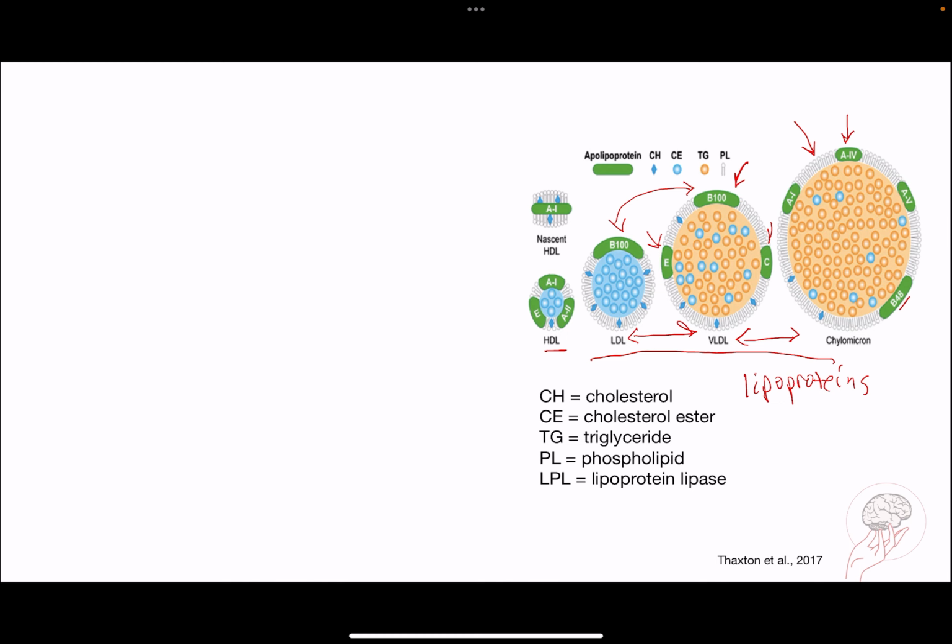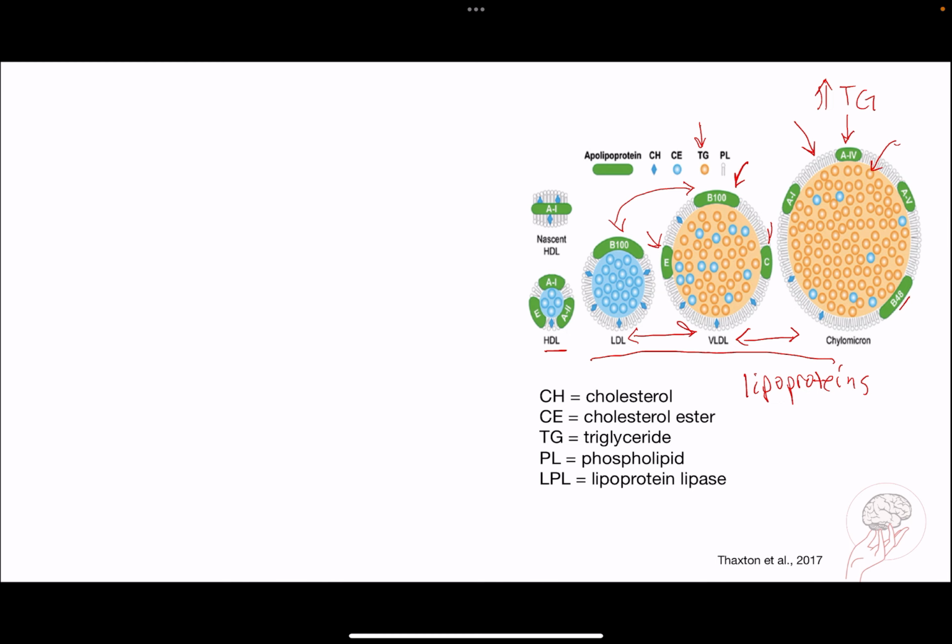Okay, let's now look at the inside. These yellow dots, these are triglycerides. So as you can tell, a chylomicron is made up of a lot of triglycerides, high triglycerides. A very low density lipoprotein though has fewer triglycerides.